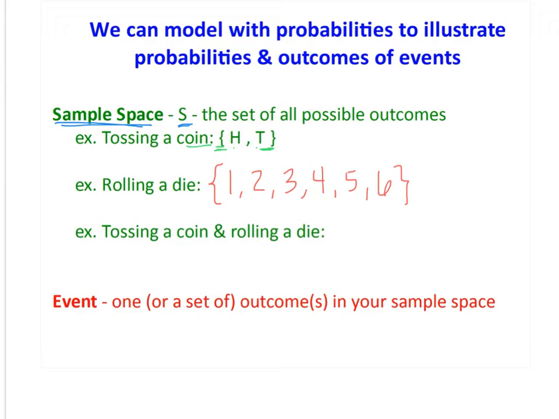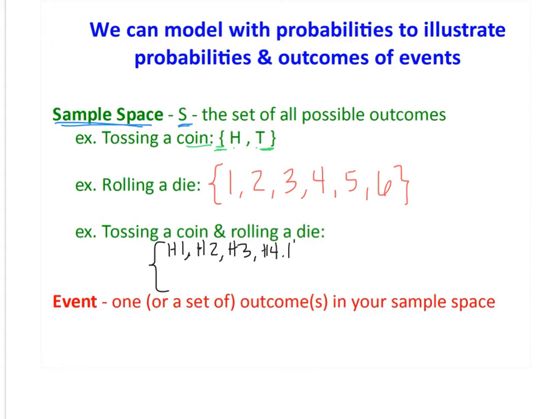Another example, tossing a coin and rolling a die. Well, now if I have two events, my outcomes would be getting heads on the coin and a 1 on my die, or tails on my coin and a 1 on my die, or heads and a 2, tails and a 2, heads and a 3, tails and a 3, so on and so forth. So how I write that is my little funky brackets. Well, I could get a heads and a 1, or I could get a heads and a 2, heads and a 3, heads and a 4.